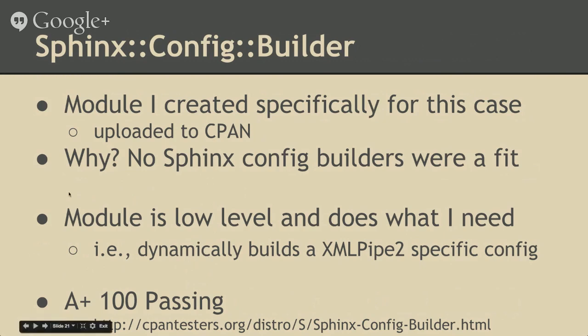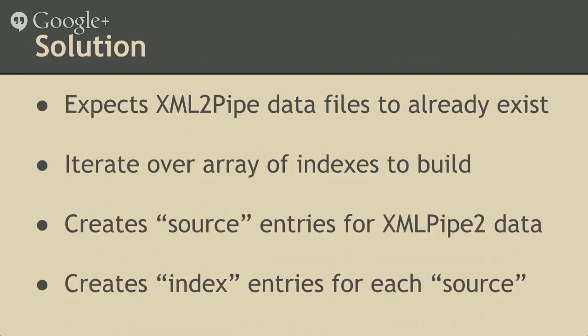It's got all A's on the CPAN testers site. It's all green, which is nice because I packaged it up all nice. I have a unit test and all of that stuff, but I don't know if anybody's using it, but I haven't heard any complaints. At least you passed the test. Yeah.